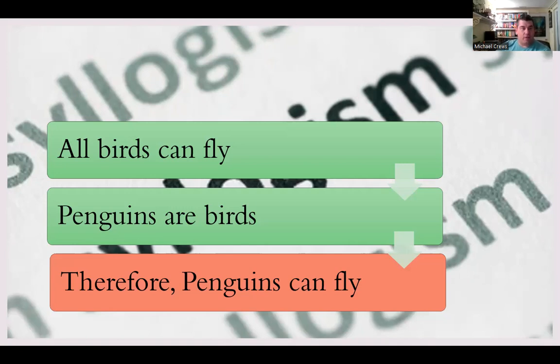That fact statement is correct, but our rule is incorrect, because we cannot say all birds can fly when we know that there are flightless birds. So this follows the structure of the syllogism, but we would call it unsound because it's not preserving a truth as we know it to be, right?